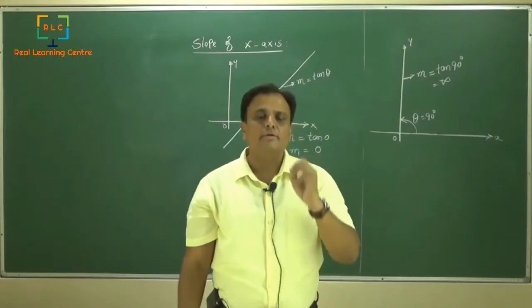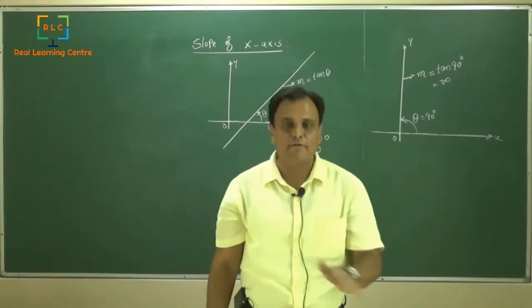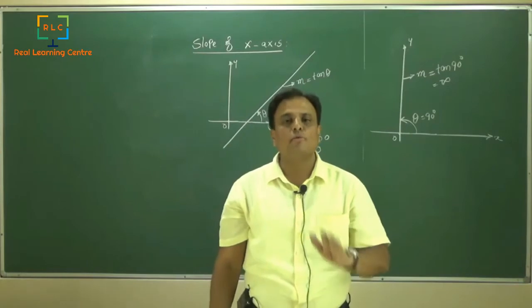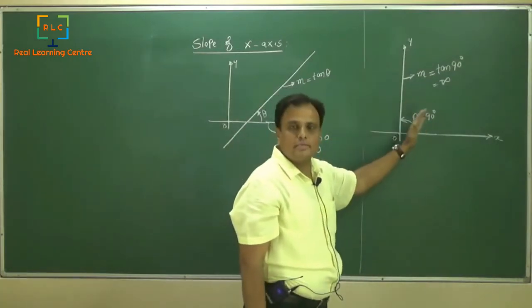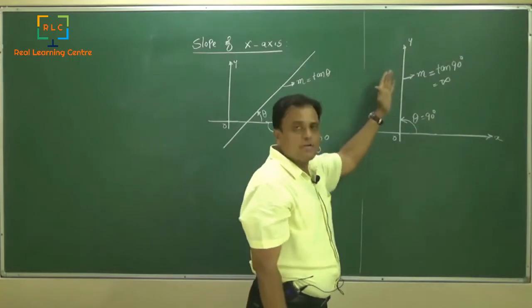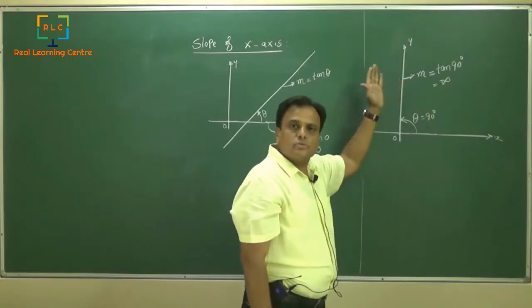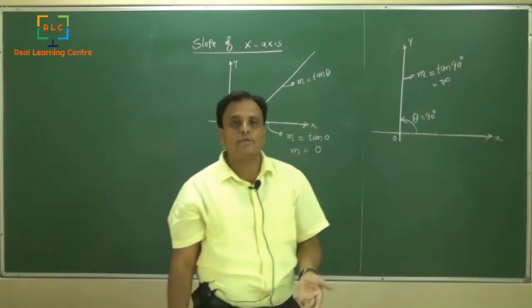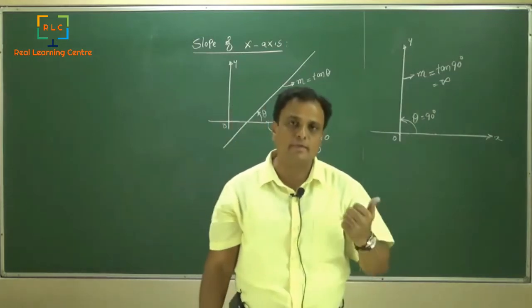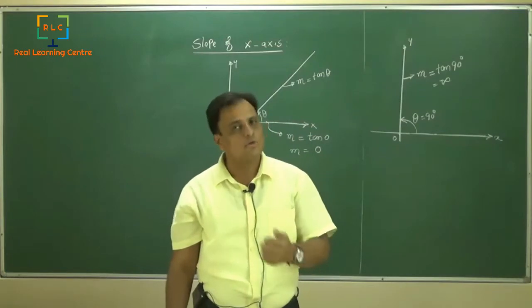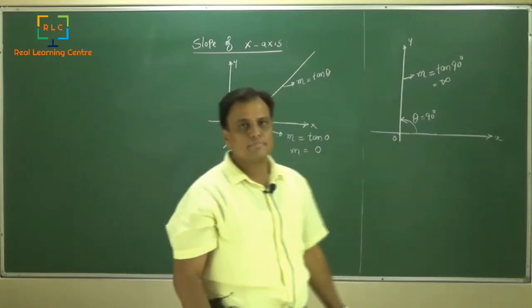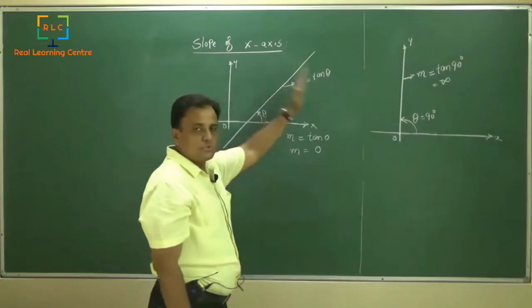But here, the slope of the y-axis is not defined, because the y-axis has an inclination of 90 degrees. The definition of the slope of any line is tan of inclination, but for the y-axis the inclination is 90 degrees. Therefore, tan 90 degrees is not defined, it's infinity. So try to understand these two things.